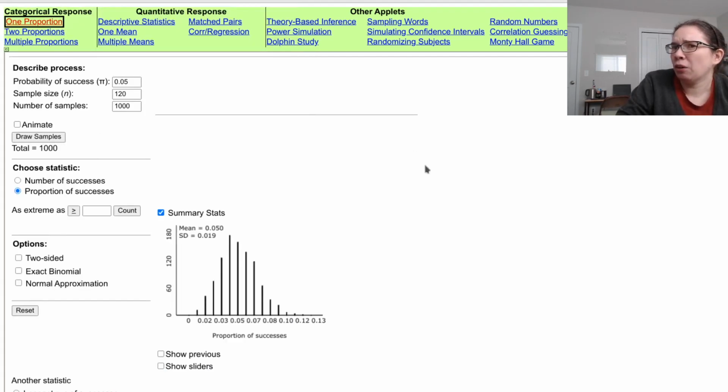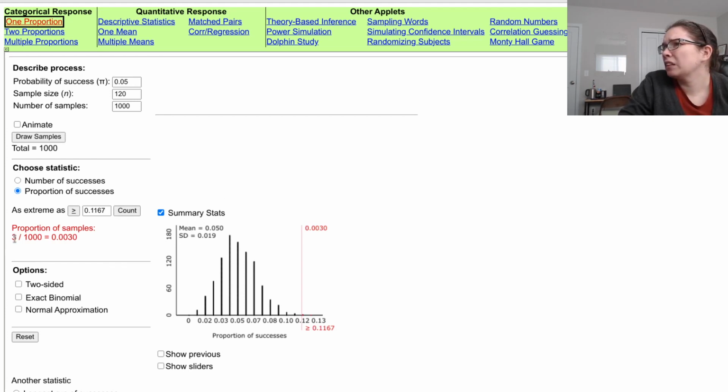So we go back to our applet, and we type in as extreme as, and this is where we put our proportion of successes in, 0.1167. Count.